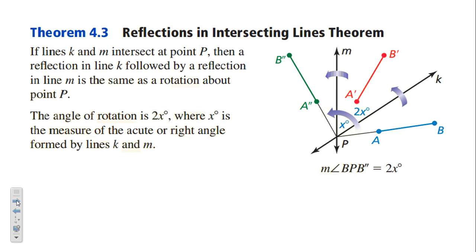From ABC to A double prime, B double prime, C double prime that I've got up here, it's a rotation. It's not a 90-degree rotation or a 180. This happened to be 31 degrees between those intersecting lines, so a total of 62 degrees rotation between the pre-image and the final image.